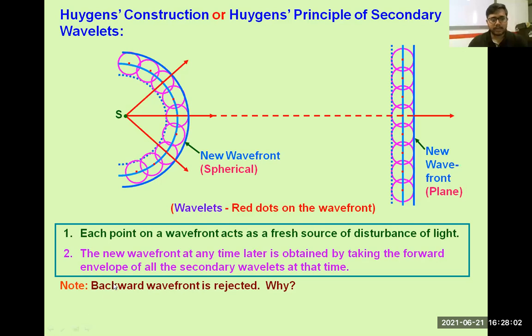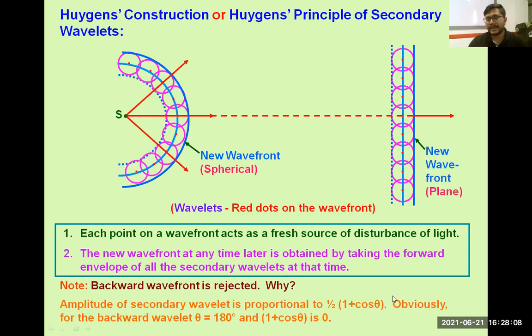So one point you have to note: the backward wavefront is rejected. Okay, can you tell me why? Because the amplitude of the secondary wavelet is proportional to half of 1 plus cos theta. Obviously, for the backward wavelet, theta will be 180 degrees, and when you put 180 degrees in this equation, we know cos 180 degrees is equal to -1.